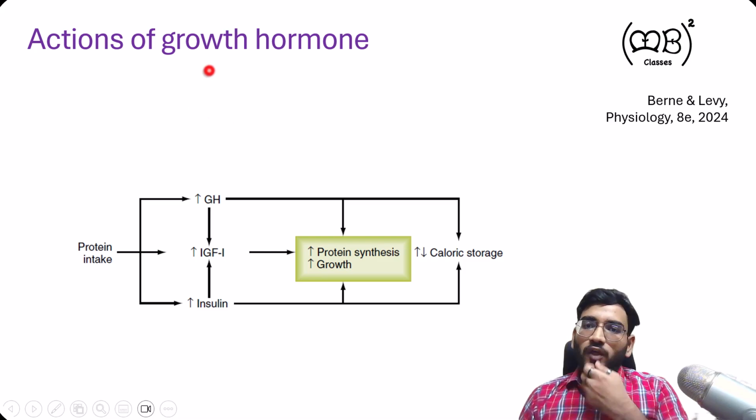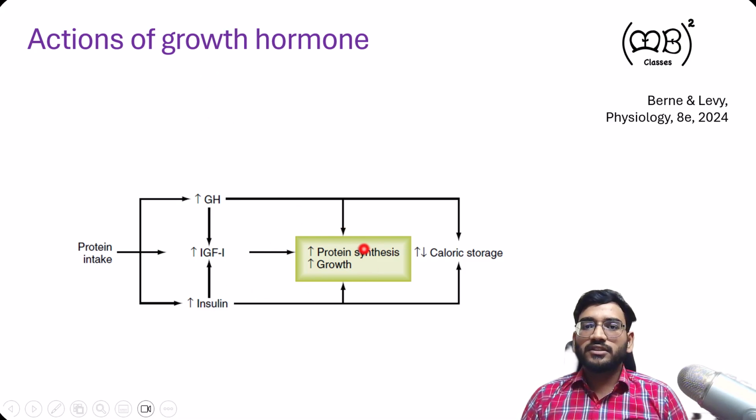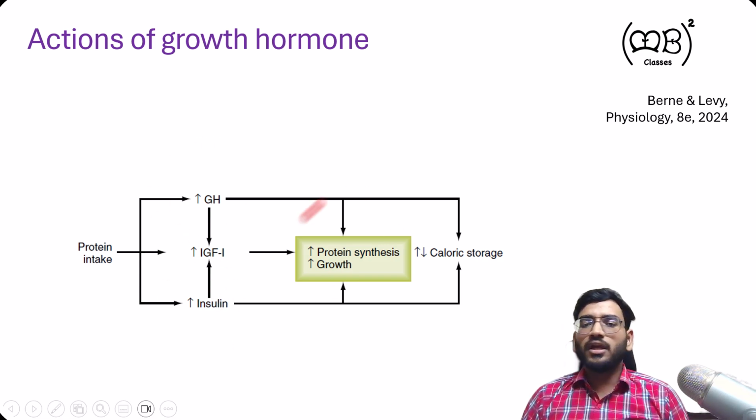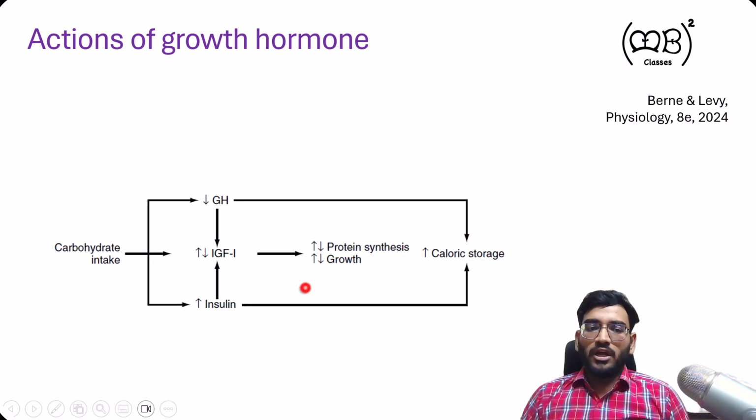Action of growth hormone we talked about already is in protein synthesis. When protein synthesis is happening, protein metabolism, growth hormone acts along with insulin. When there is increased protein intake, increased growth hormone, increased insulin, increased protein synthesis. So it acts as an anabolic hormone. But when the carbohydrate intake is increased, the insulin is more, growth hormone is less.